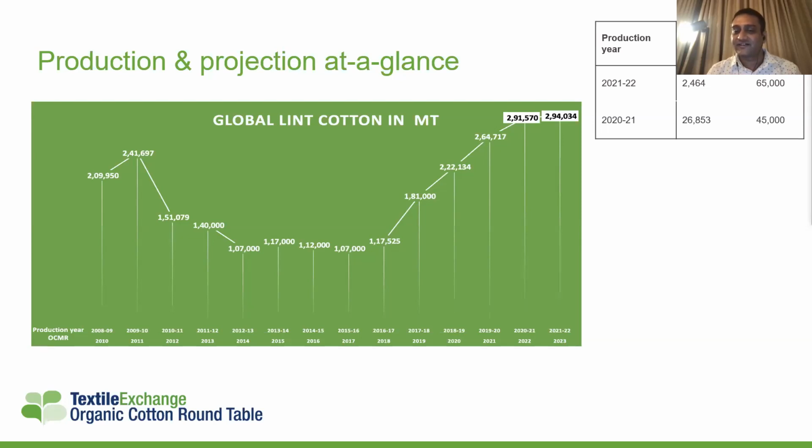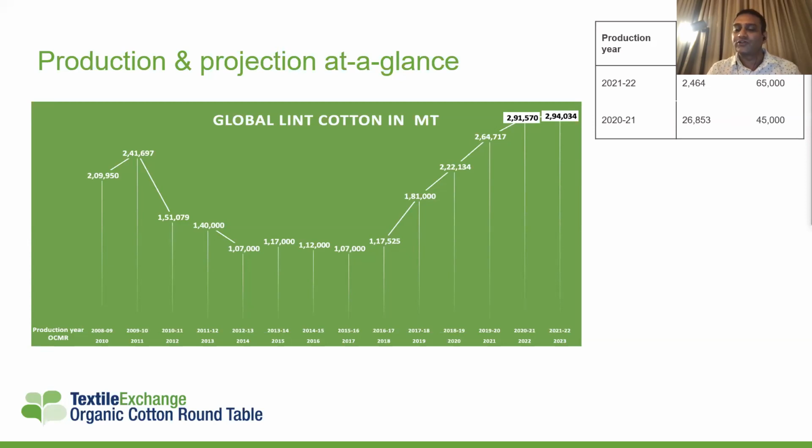The current season is still in process, so it will hopefully end in June, and by then we will have more clear data. But if we see the numbers coming up, it's not more than 300,000 metric ton of lint cotton. So even in the next year, it is not going more than that. So if we see, the demand has some number.